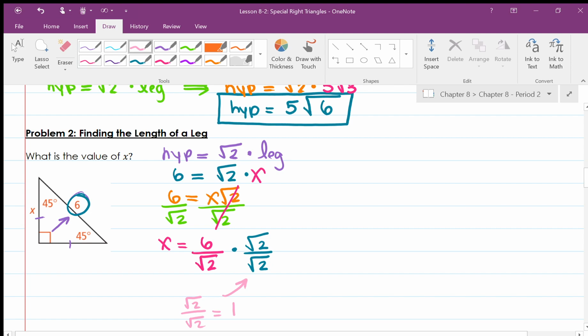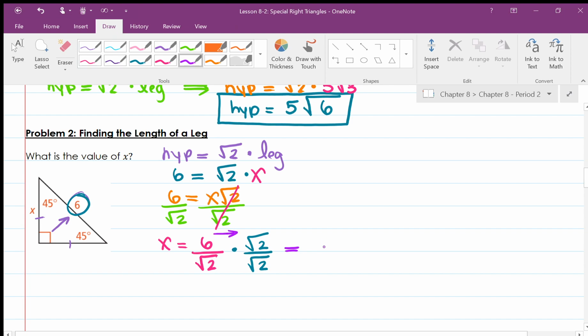So I'm kind of manipulating this in such a way that I want to get that radical out of the denominator, but you can't physically change the problem. So in order to find that loophole around it, I'm multiplying it by 1, or radical 2 over radical 2, to get that radical out of the denominator. So watch what happens when we do that. You're going to multiply across, right?